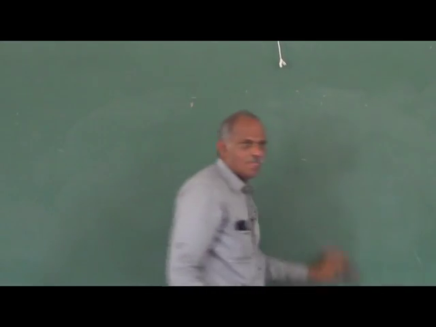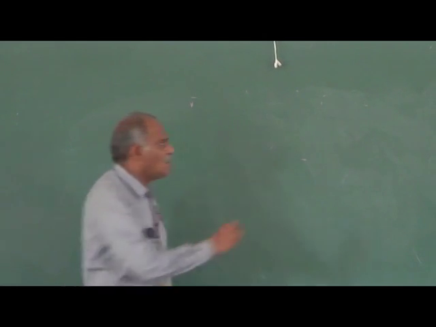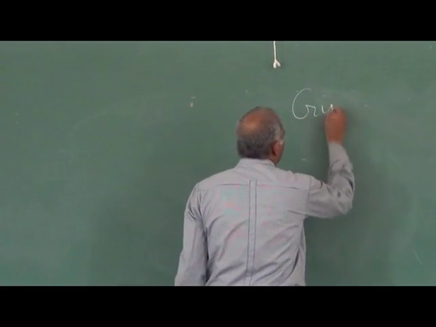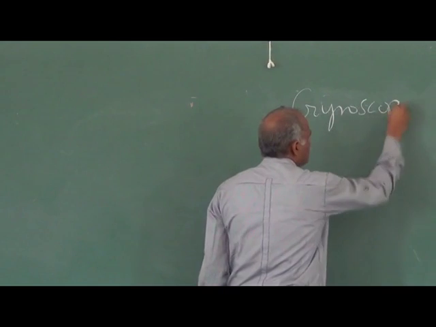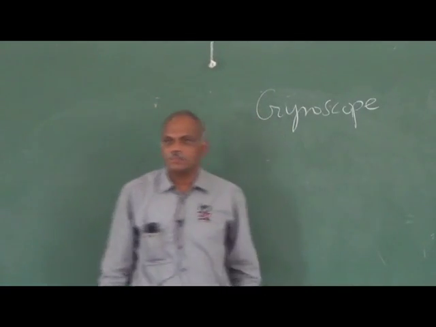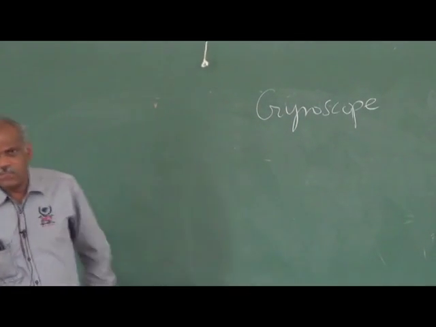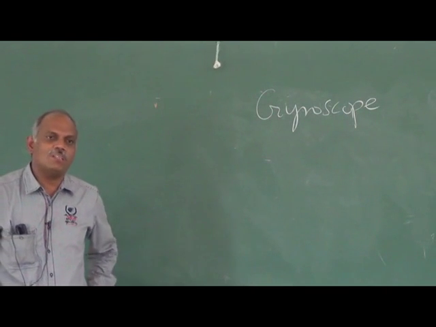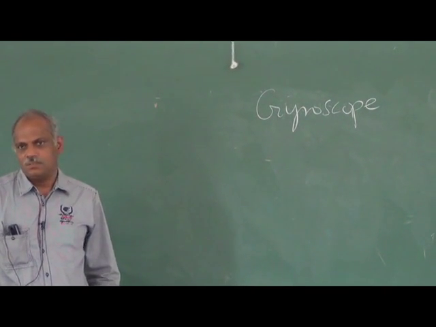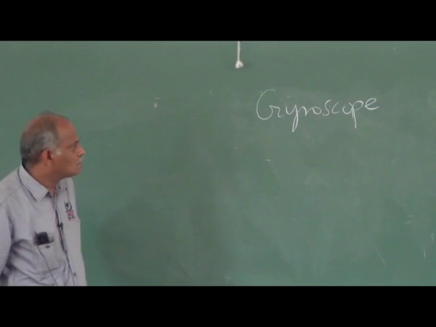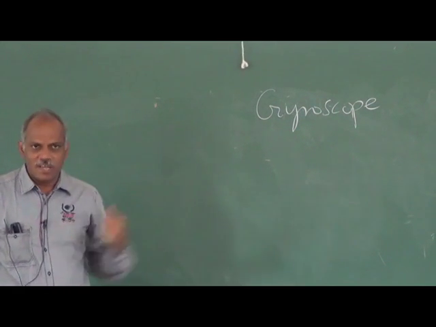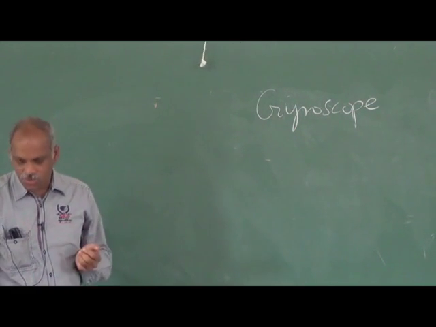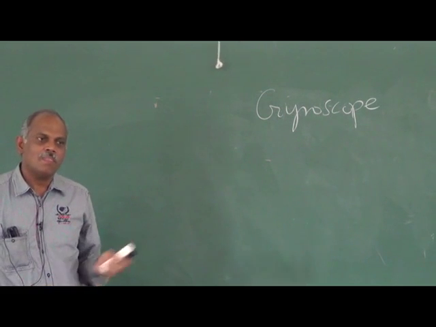Then the next thing is about the gyroscope. It is definitely not a MEMS gyroscope. We are going to discuss a regular gyroscope. So what are the uses of a gyroscope? What is a gyroscope? All this we will discuss.